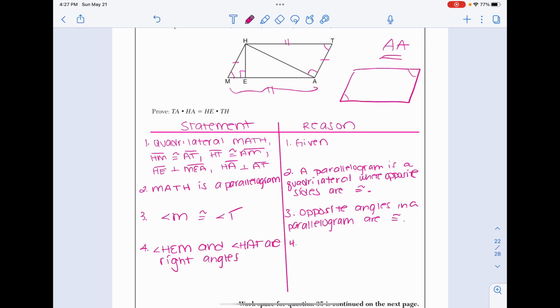I know that because perpendicular lines form right angles. And remember, the goal is always to get them congruent to one another. So I'm going to now say those angles are congruent. And I know that because all right angles are congruent to each other. They're all 90.